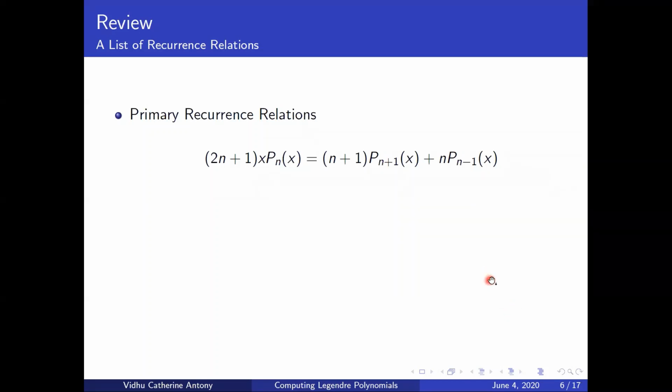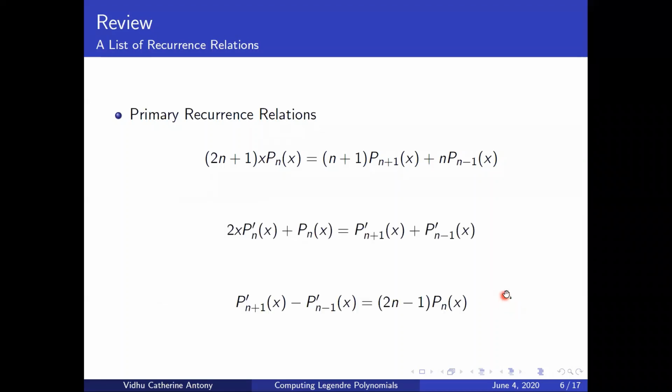This is the one we're going to be using most here, because it is not expressed in terms of the derivatives of the Legendre polynomials. The other secondary or tertiary recurrence relations are all expressed in terms of the derivatives of the Legendre polynomials, and these are not of particular use to us because we're looking at the values of the Legendre polynomials of order n.